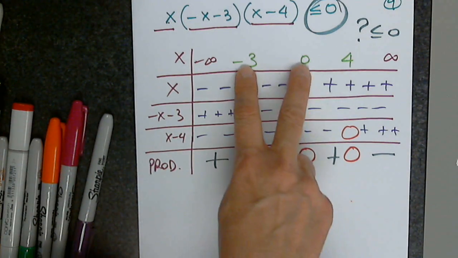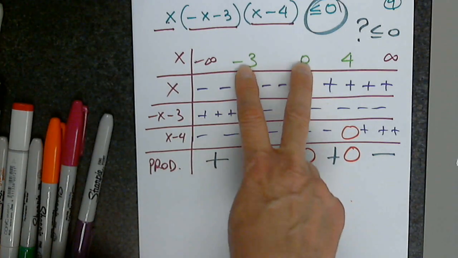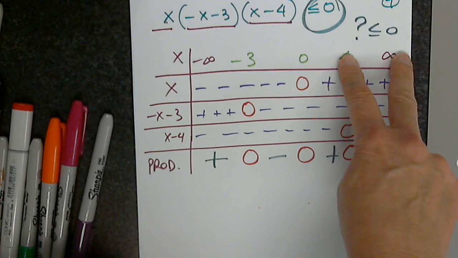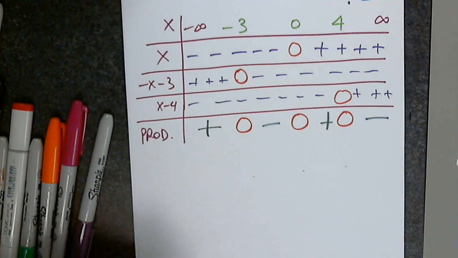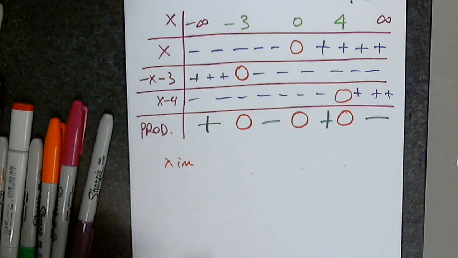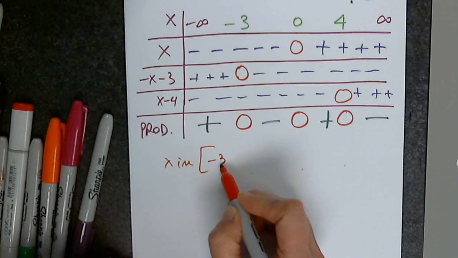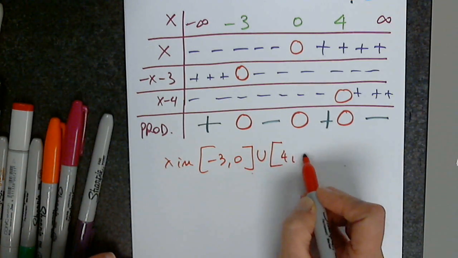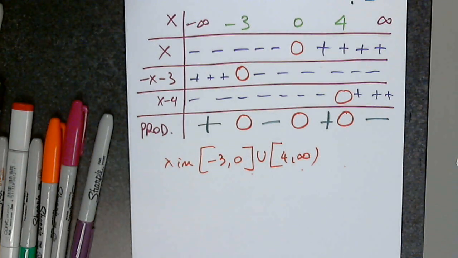It's negative here for this, and it's negative here for this. How do I write the solution? That's it. That's how we solve polynomial inequalities.